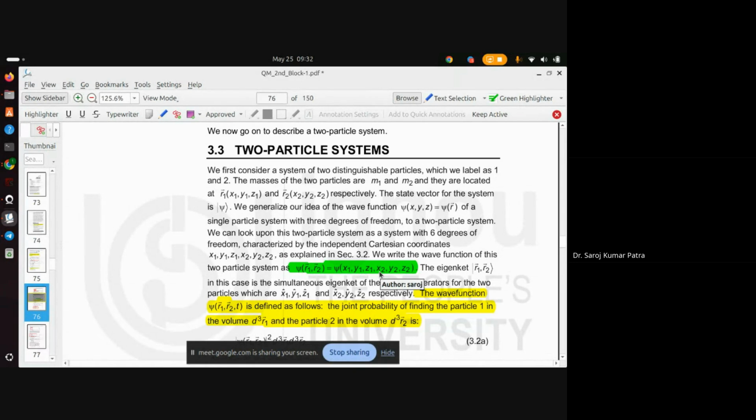In bracket notation, we can also write |r1 r2> as a ket vector. That is fine, it's just a representation. So the time dependent wave function psi(r1, r2, t) is defined as follows.